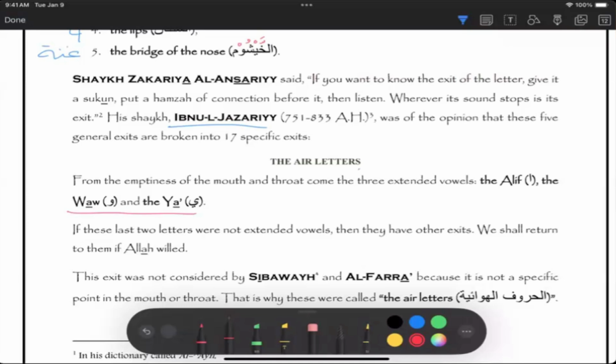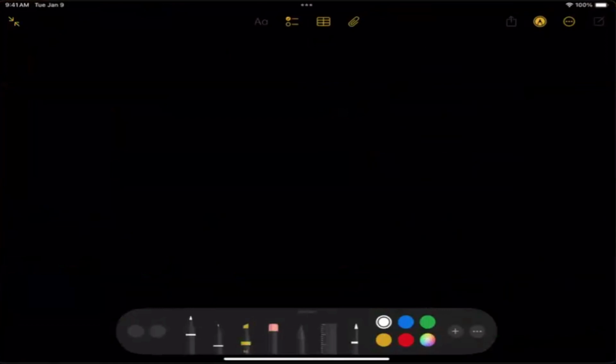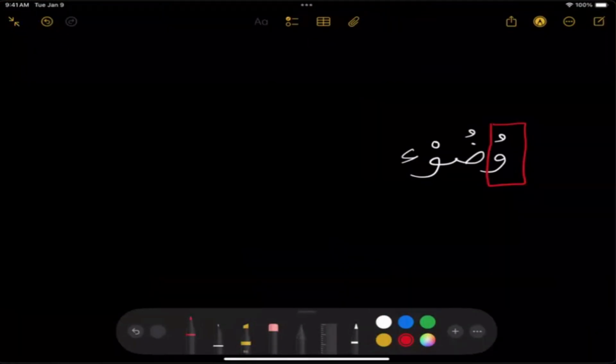Because if you say, for example, Bismillah, let's say wudu, that's a great example, actually. Wudu, there's two waws here. So the first one is a consonant, so its exit is the lips. Wudu, wudu.